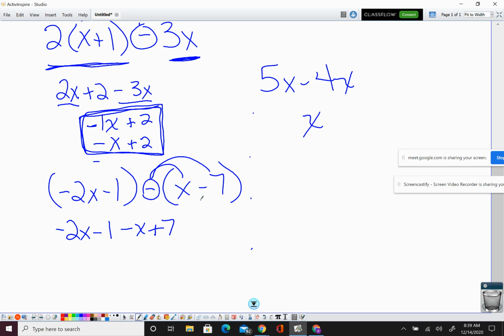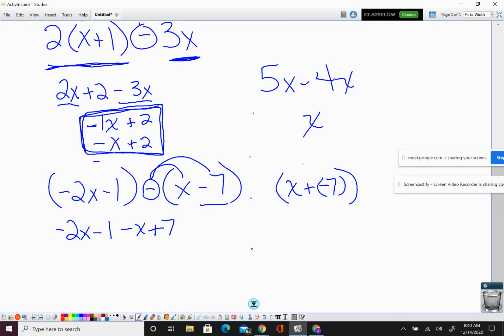How many people have problems with me calling this a negative 7 instead of subtracting 7? They are the same thing, just like a negative 1x and a negative x are the same thing. Subtracting 7 and a negative 7 are the same thing, because I could rewrite the second parentheses as this: x minus 7 is the same thing as x plus a negative 7.